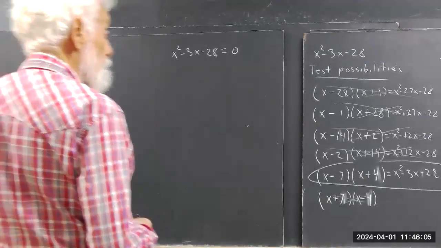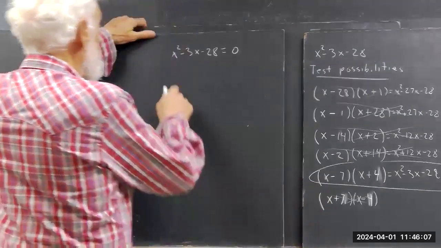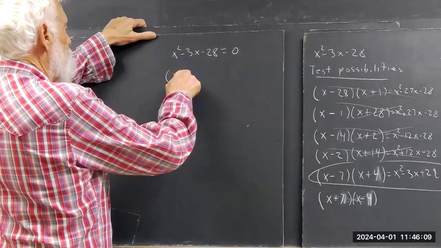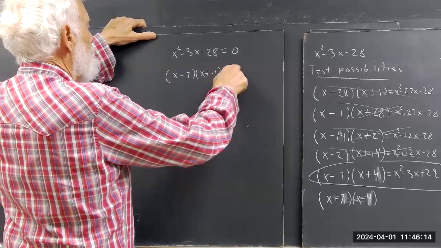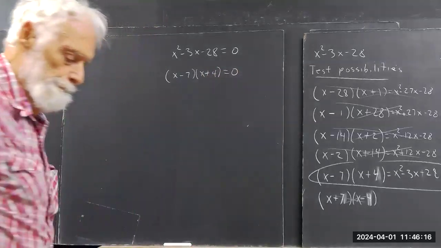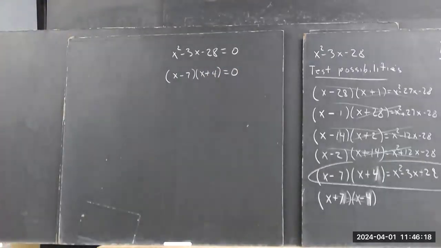And then I factor this. Well, I've already factored it. It's x minus 7 times x plus 4 equals 0. Now, can you tell me what the solutions of this equation are?